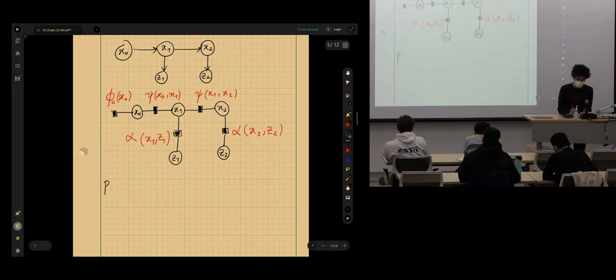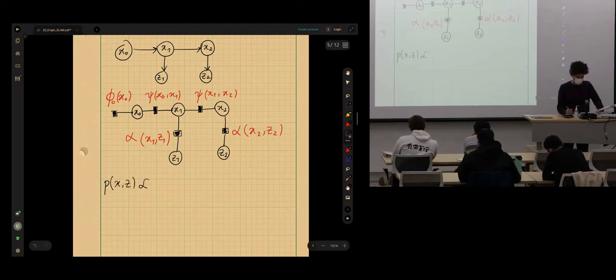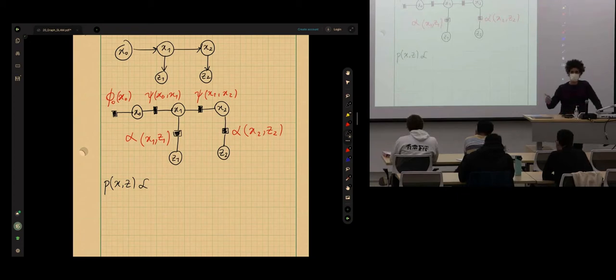Now, what makes factor graphs nice is that the joint distribution of all the variables you see in the graph is simply captured by the product of all the factors. So once you have the factor graph, you just simply multiply all the factors, and that's the joint distribution. That makes it extremely simple to work with.